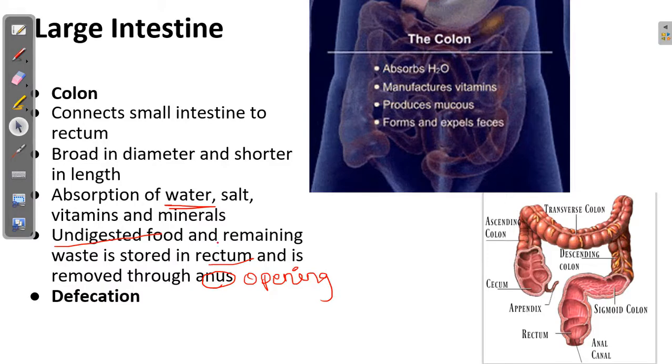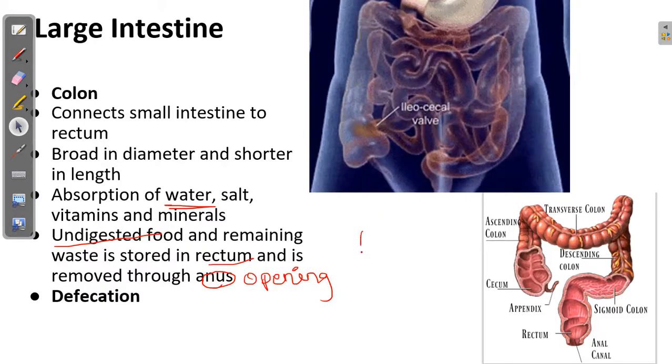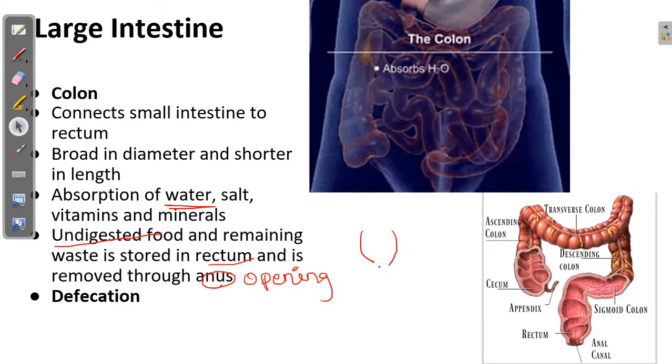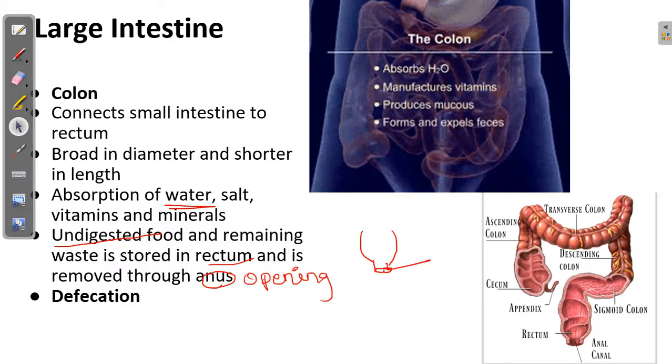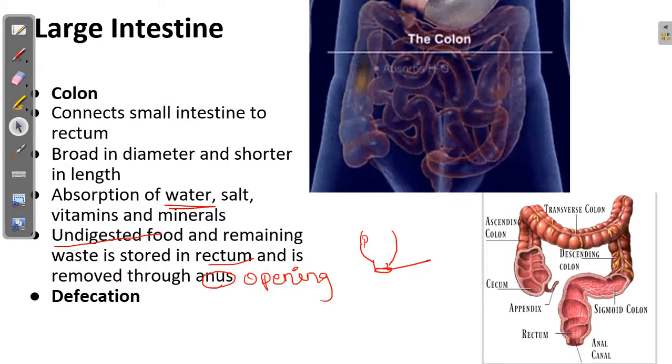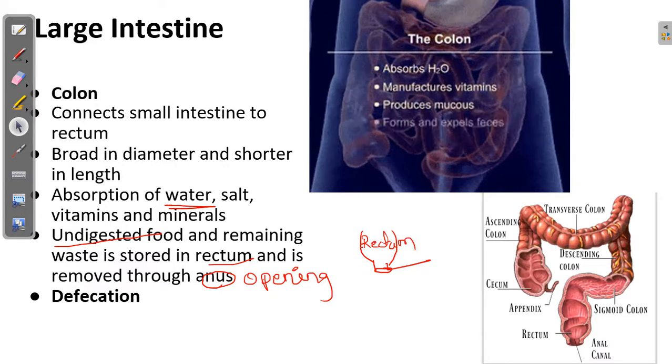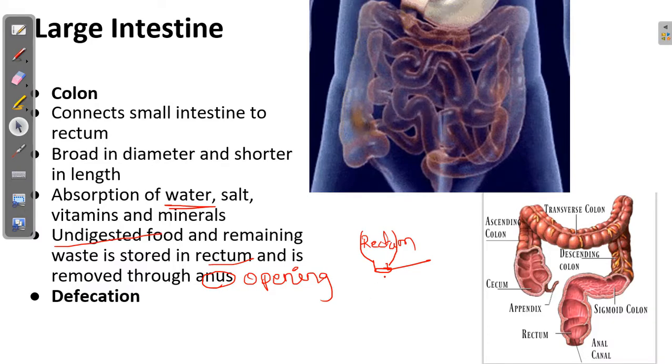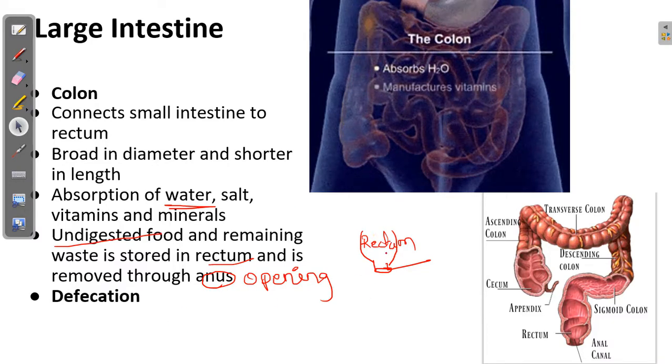So the anus is an opening, and the rectum is a pouch-like structure. Suppose this is the rectum, and it will open, so through this the waste material will move out of the body. Here the unwanted or undigested waste is stored, and finally it is removed out of the body through the anus.